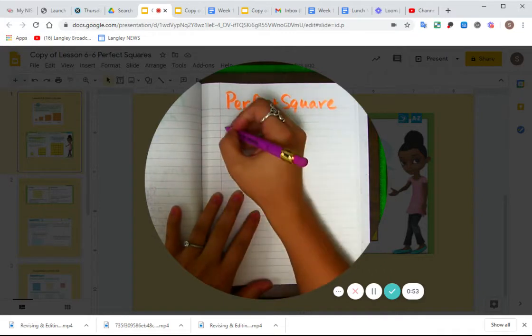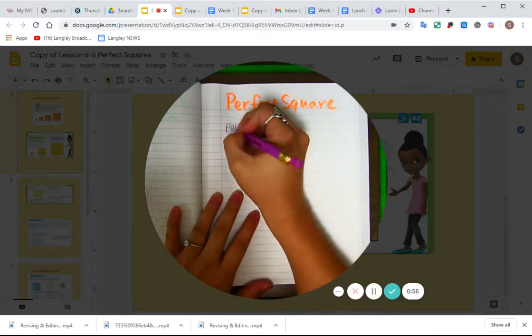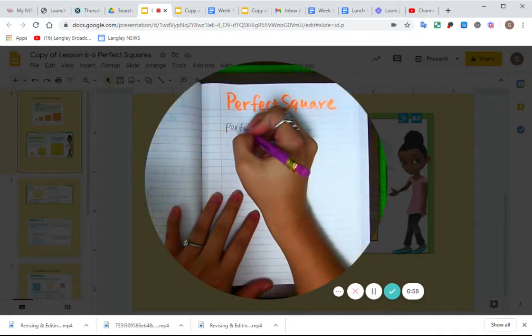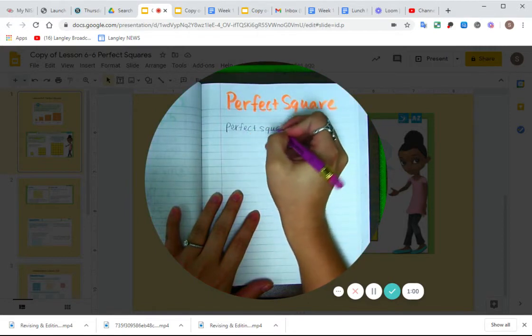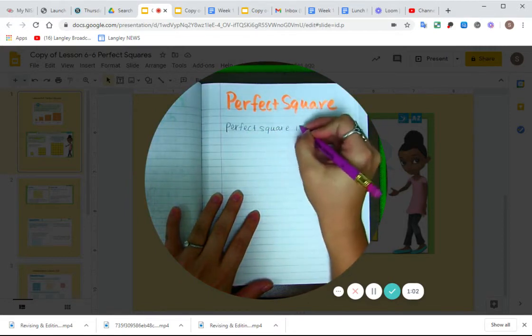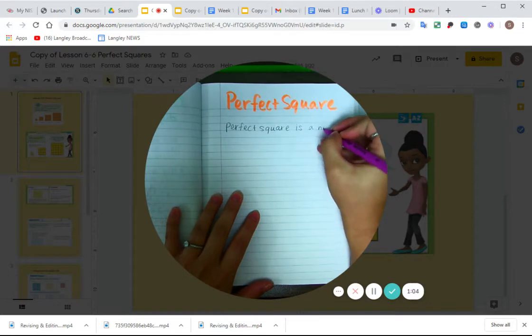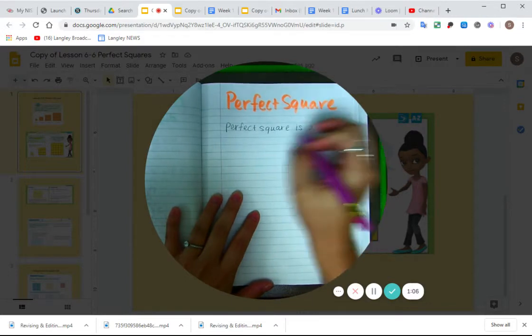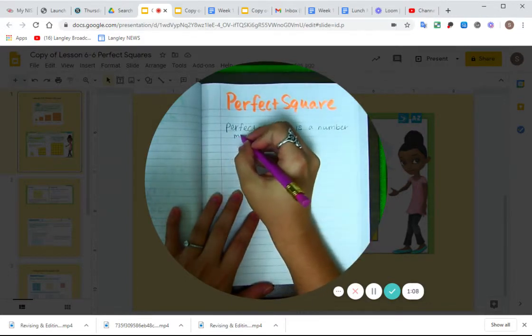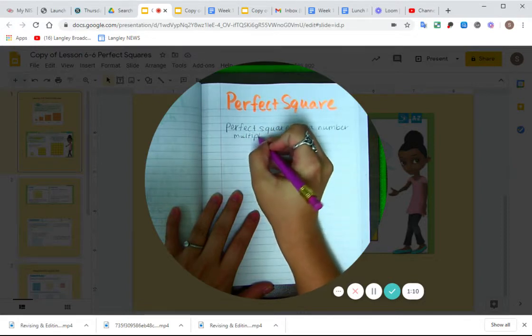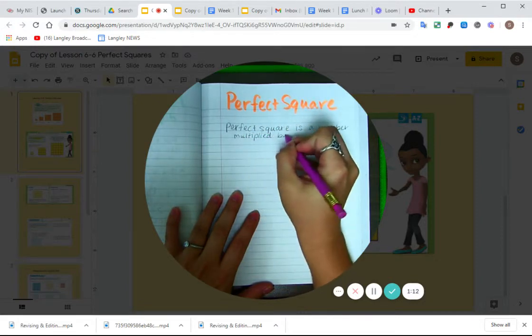Now, a perfect square is a number multiplied by itself.